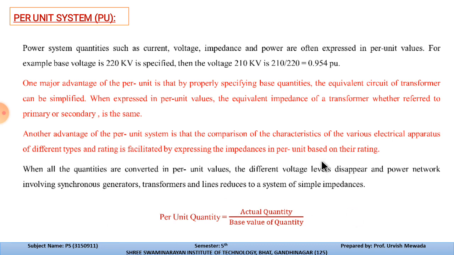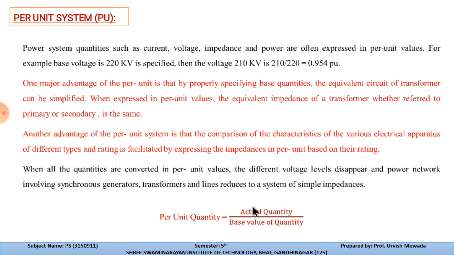But once we convert these different voltage levels into the per unit system, the different voltage levels disappear, and the power network involving synchronous generator, transformer, and lines reduces to a system of simple impedances. Those simple impedances can be easily taken into account, and we can calculate the per unit of that simple network using the per unit formula.